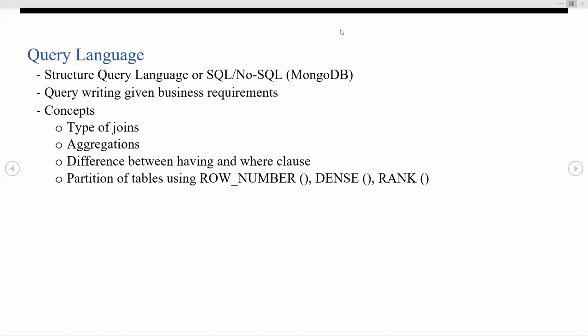In SQL, again, it's a very vast topic, but the must-know points from an interview perspective are the different types of joins. While writing the query, you'll have to join tables. Tables cannot be joined just like that. There are different types of joins, and each join serves a certain purpose. So you should know which join to be used when, what each join means, and how to utilize them.